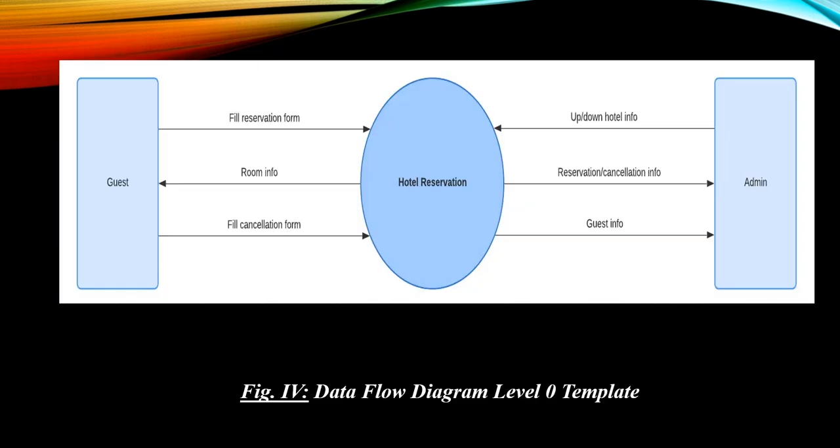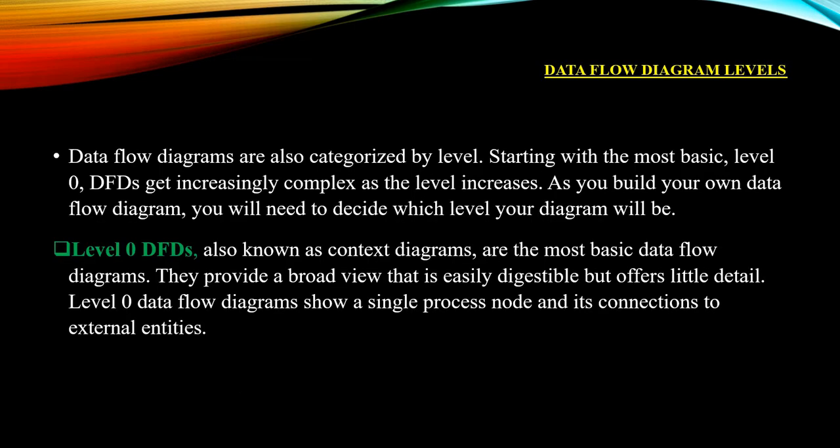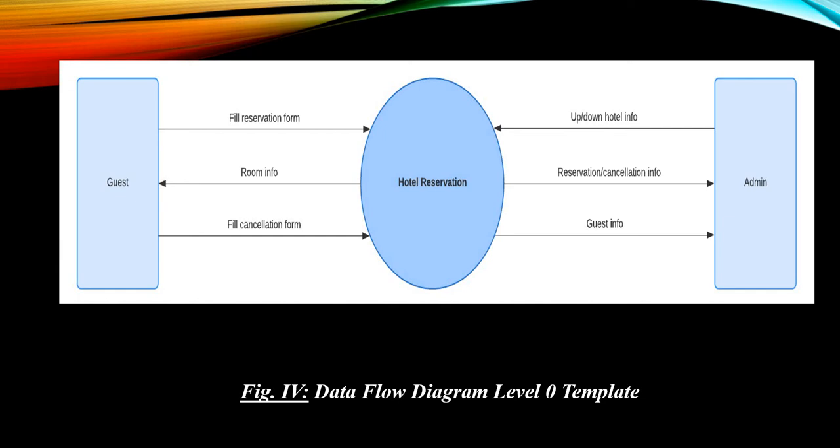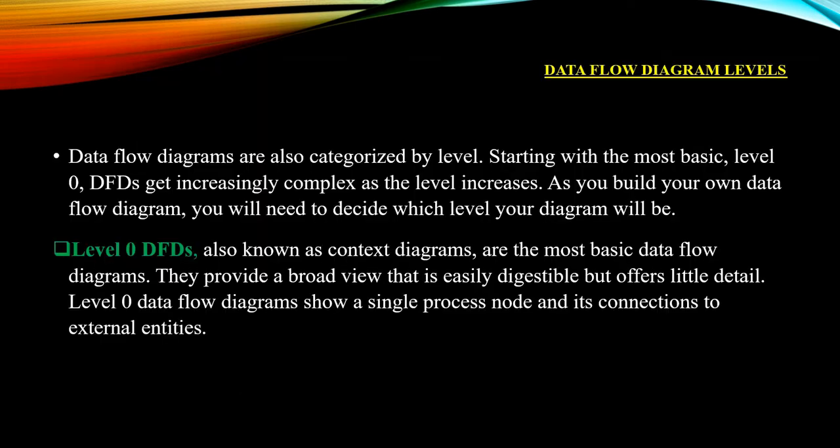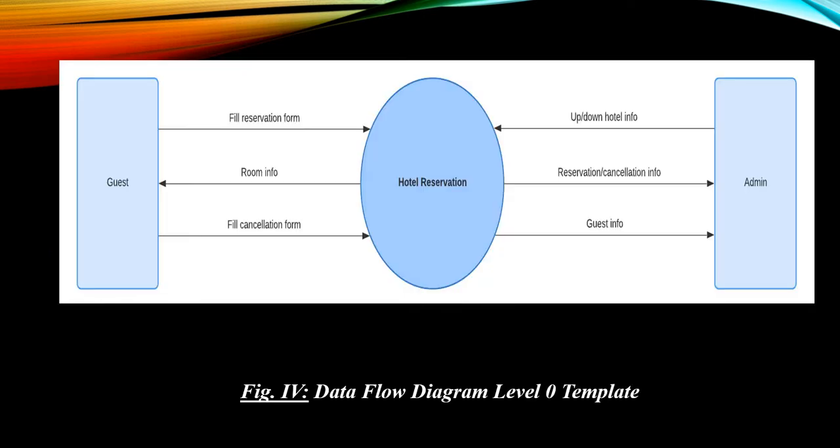Here is the level 0 template of a data flow diagram. See, it has only a single process with its connection to the external entities. Here the external entities are the guest and the admin.